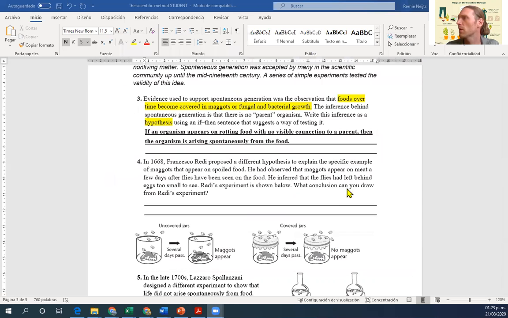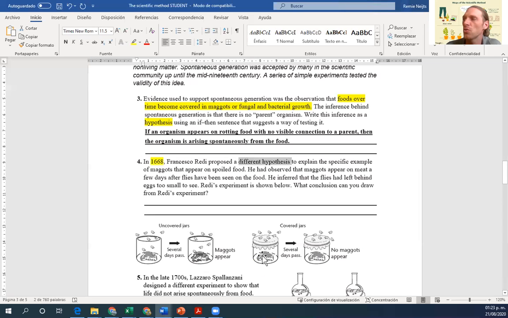Okay, so in 1668, we had this Francesco Redi who did an experiment, and he wanted to start with a different hypothesis, okay? He observed, in this case, maggots are the little worms, that if you leave a piece of meat in a jar and you leave it open, then maggots would appear.